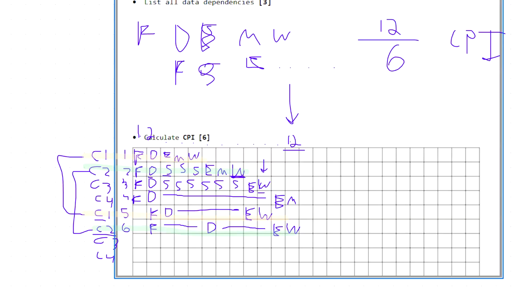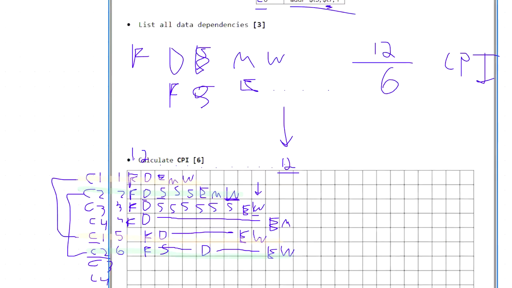So you could think of it as literally there's a stall here, a stall here, a stall here, down only for that core. So core 1 is not affected by that same stall. Core 3 is not affected by that same stall. Core 4 is not affected by that same stall. They're stalling for a completely different data dependency. That's why it looks like the whole cycle should be stalled, but it's only per core.